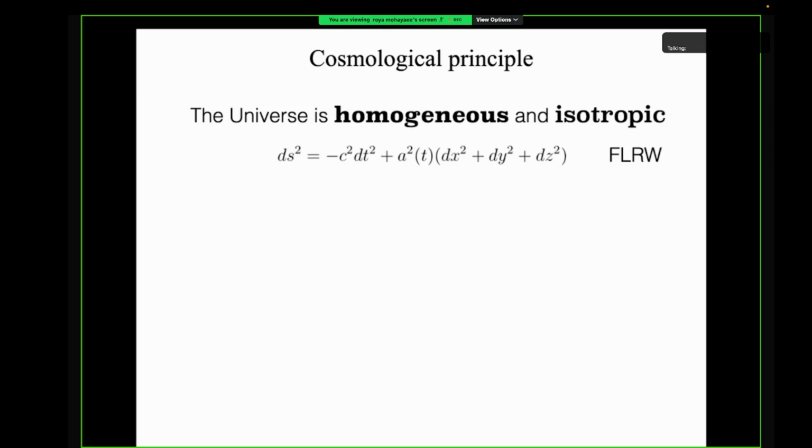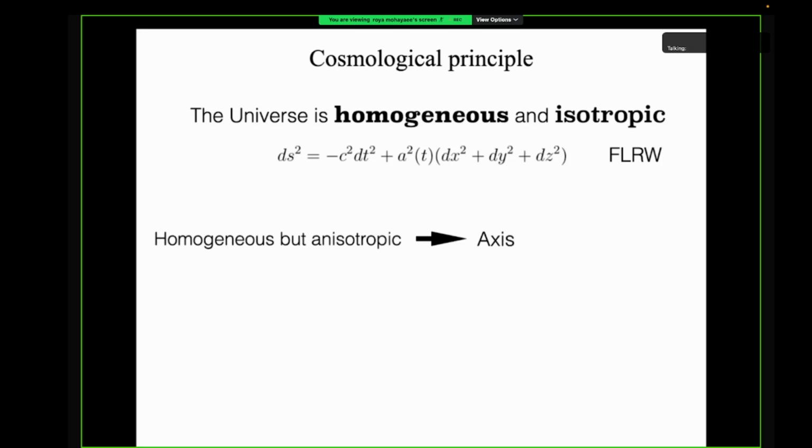It's got a single parameter a(t), the scale factor, as you see, and it just depends on time. Now the universe doesn't have to follow our philosophy of simplicity. The universe doesn't have to be homogeneous and isotropic. It can actually be homogeneous, but not isotropic.